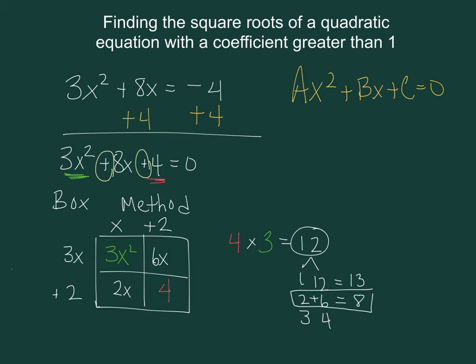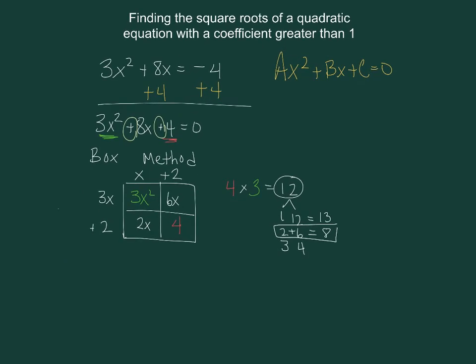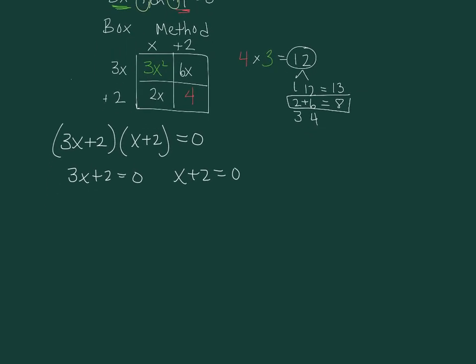So, at this point, I'm going to zoom this up. What we're going to get is 3x plus 2 times x plus 2 equals 0. And then here I'm going to go 3x plus 2 equals 0 and x plus 2 equals 0. And now we solve for x in each case. So we're going to subtract 2 on each side.